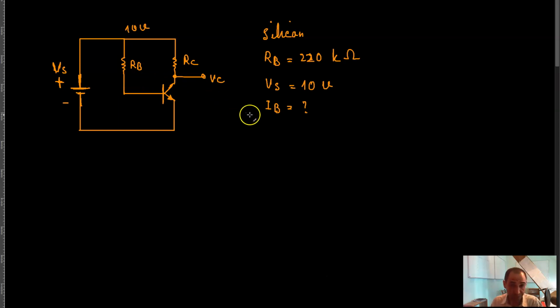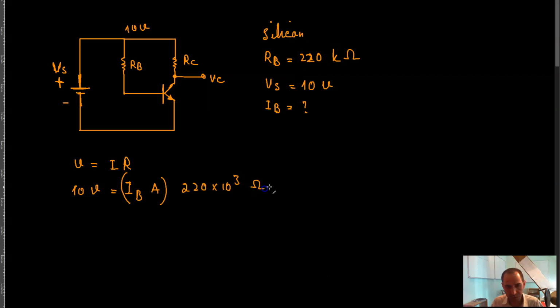Applying Ohm's law to R of B, V is equal to I times R, so 10 volts is equal to I, the current going through here, which is ultimately I of B in amps, times R, and my resistance here is 220 kilo ohms, 220 into 10 raised to the power 3 ohms.